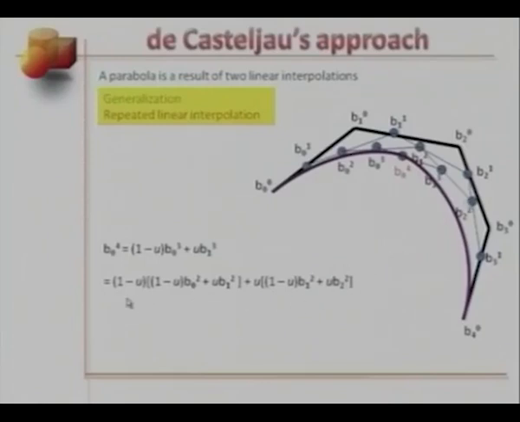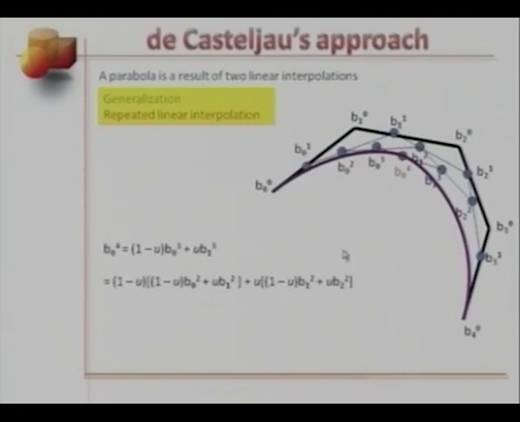You would get the final expression as 1 minus u times (1 minus u times B 0, 2 plus u times B 1, 2) plus u times (1 minus u times B 1, 2 plus u times B 2, 2).